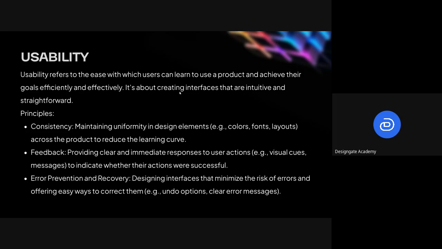So the first thing, as you are designing, you want to make sure your product is usable. This is what usability refers to: the ease with which users can learn to use a product and achieve their goal efficiently and effectively. When you downloaded WhatsApp, you didn't need any tutorial to start using it.